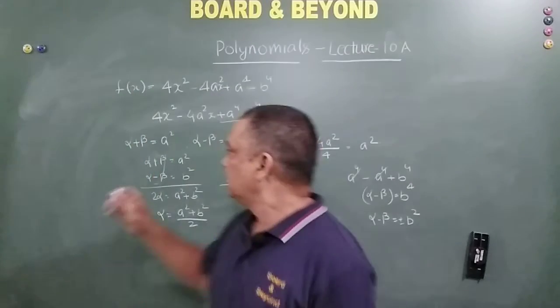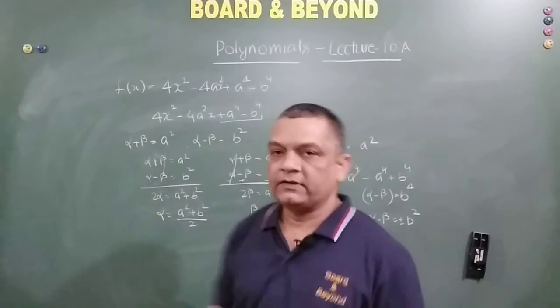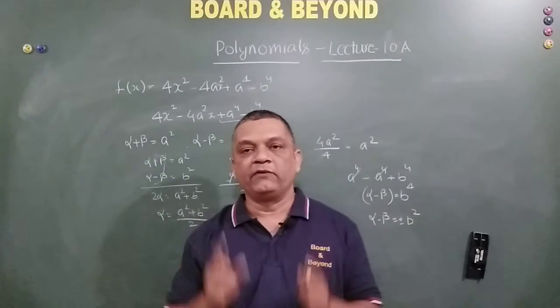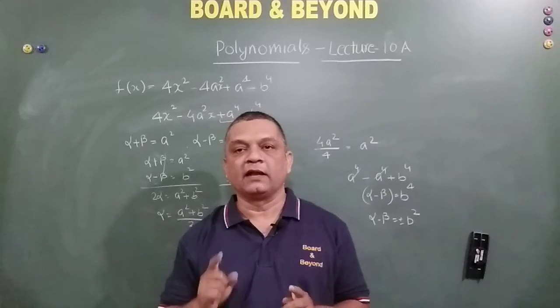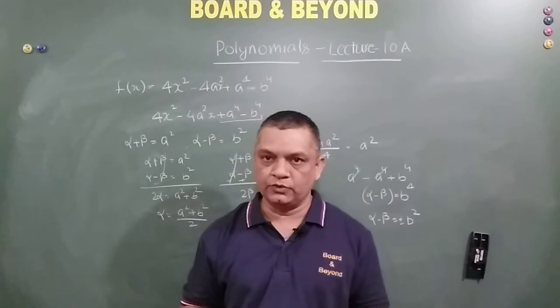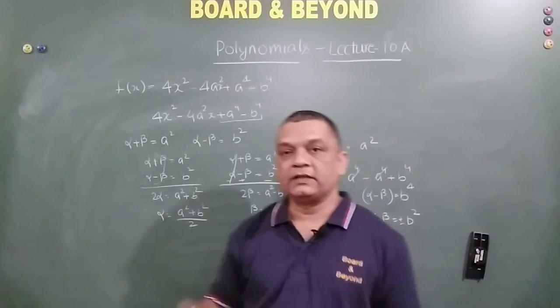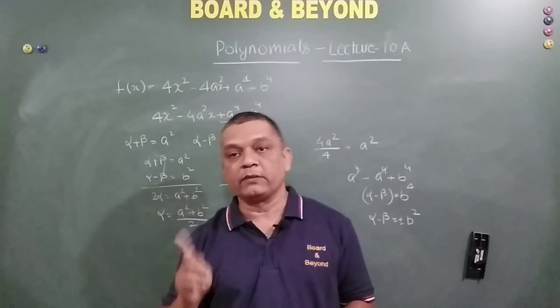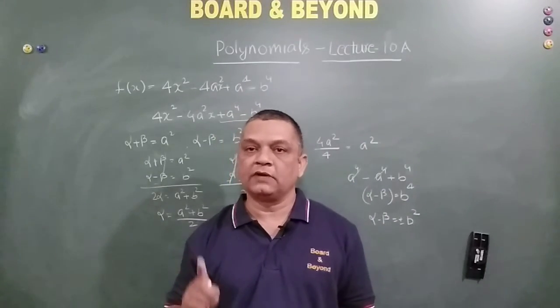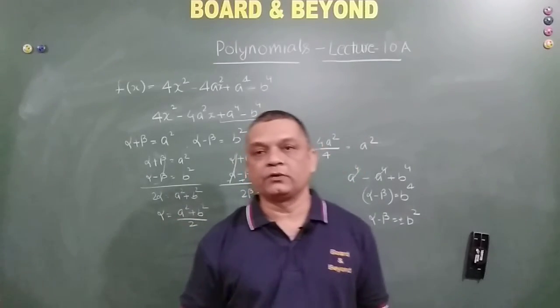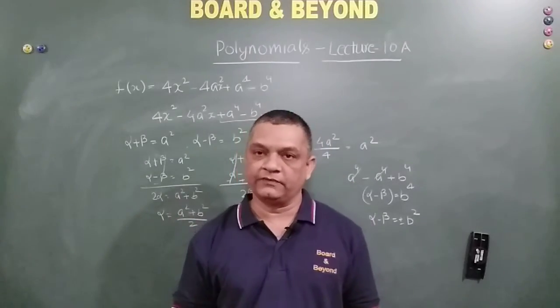So friends, see this, for this quadratic polynomial, we have first tried to find out alpha plus beta, that is the sum of the roots, and using the identity that alpha plus beta whole square minus 4 alpha beta is equal to alpha minus beta whole square, okay? We have found out alpha minus beta, that is the difference of the roots.